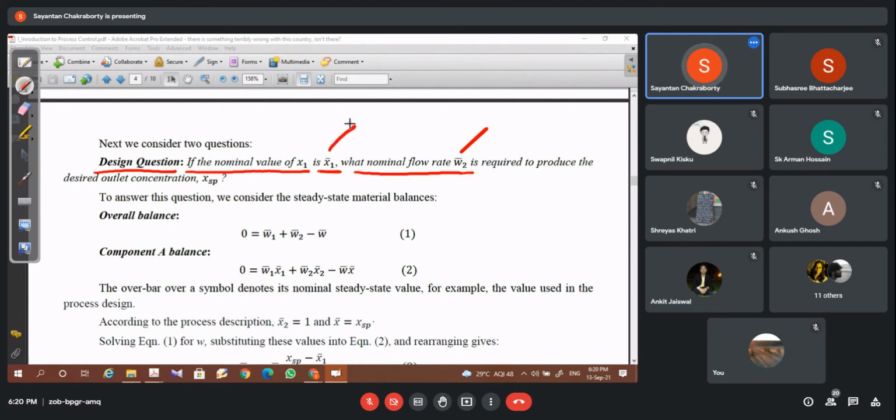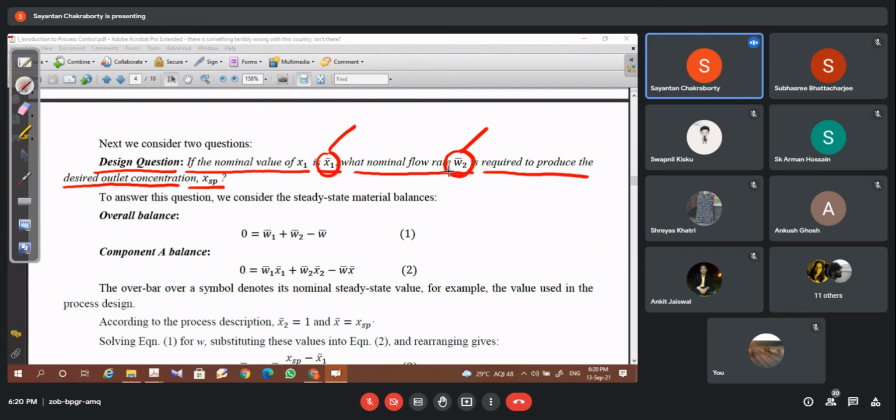The bar means these are the nominal values at equilibrium point or steady state. So if the nominal inflow is X1 bar, then the inflow rate of stream 2, W2 bar, will be required to produce the desired output concentration of XSP. What should be this W2? This is the question.